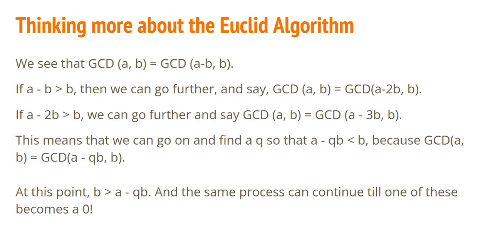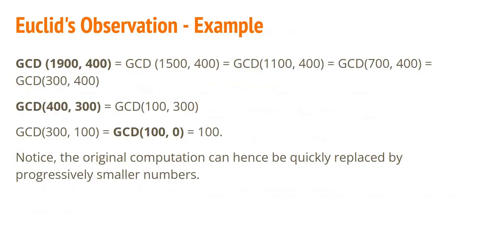Now, really, really cool when we see this working. Let's take an example to convince ourselves. Let's say we had GCD of 1900 and 400. Now, in this case, we know that GCD of A, B is A minus B and B. So yes, I definitely know that it's 1500, 400. But 1500 is still more than 400. So I say, okay, that's basically 1100, 400.